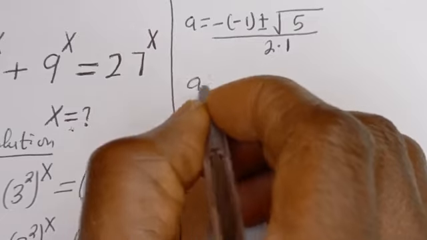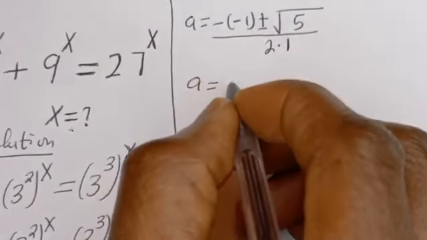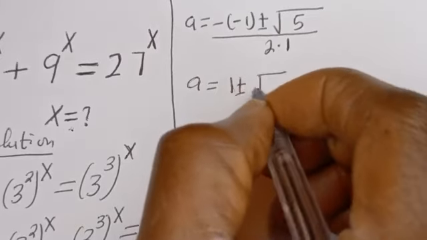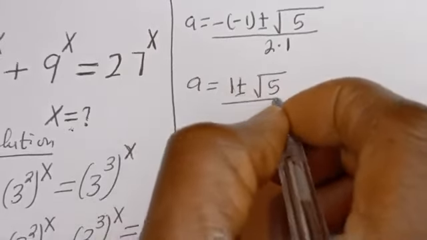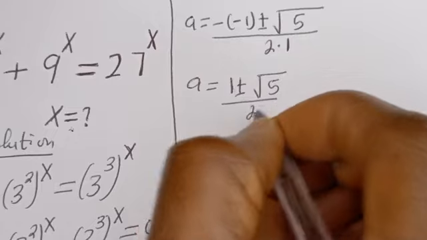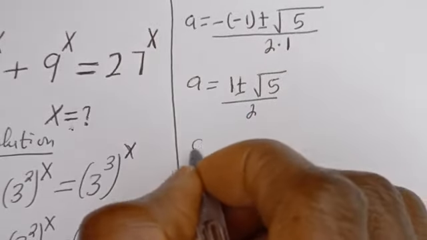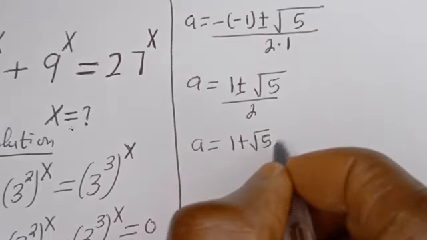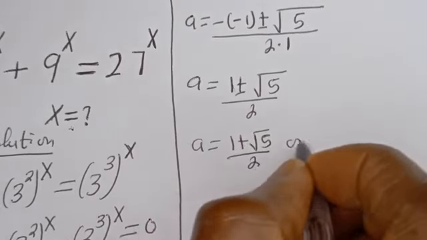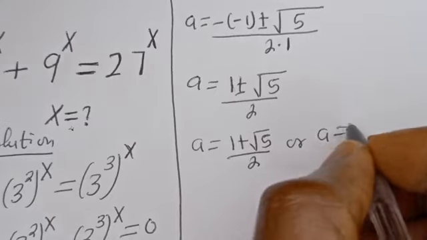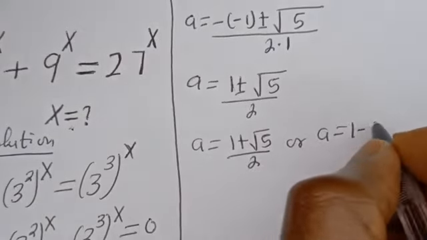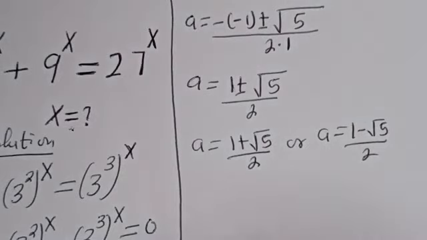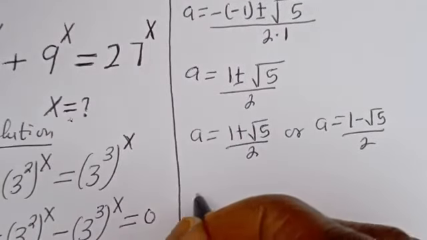Then a is equal to minus times minus 1, that is 1, plus or minus square root of 5, divided by 2 times 1, that is 2. Therefore, a is equal to 1 plus square root of 5 divided by 2, or a is equal to 1 minus square root of 5 divided by 2. So those are all the values of a.